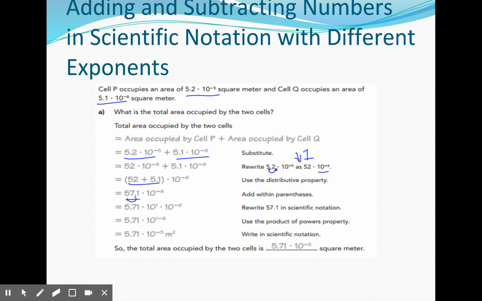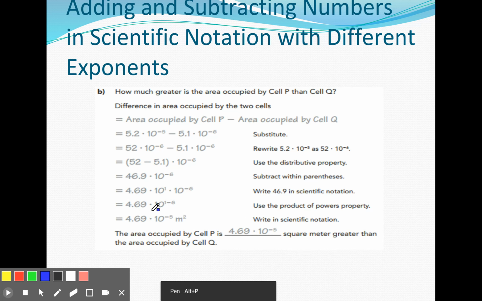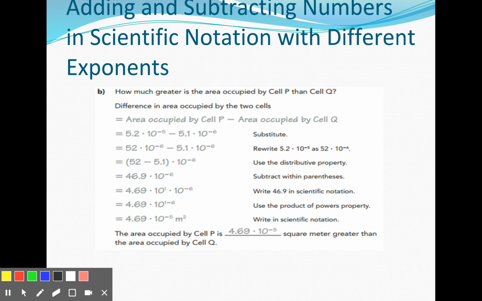Then move this decimal back over 1 so that we include this 10 to the first power. 10 to the first power times 10 to the negative sixth is 5.71 times 10 to the negative fifth. Nothing different here at all, just dealing with negative numbers instead. In this example here, this is just the difference with the same numbers.